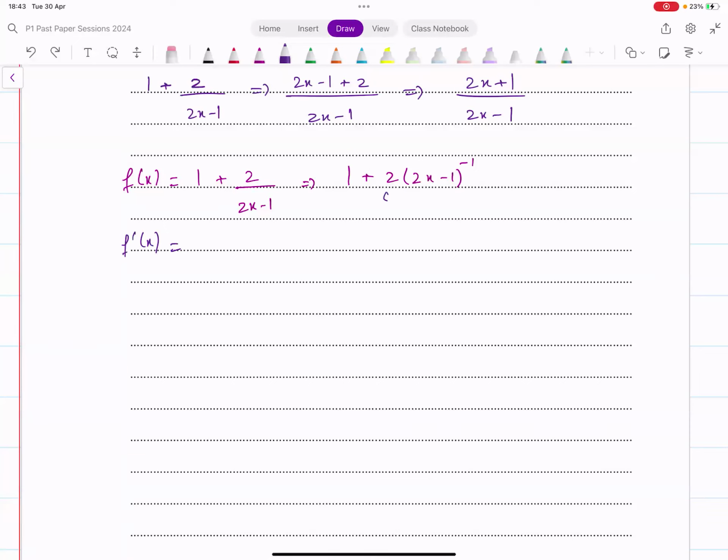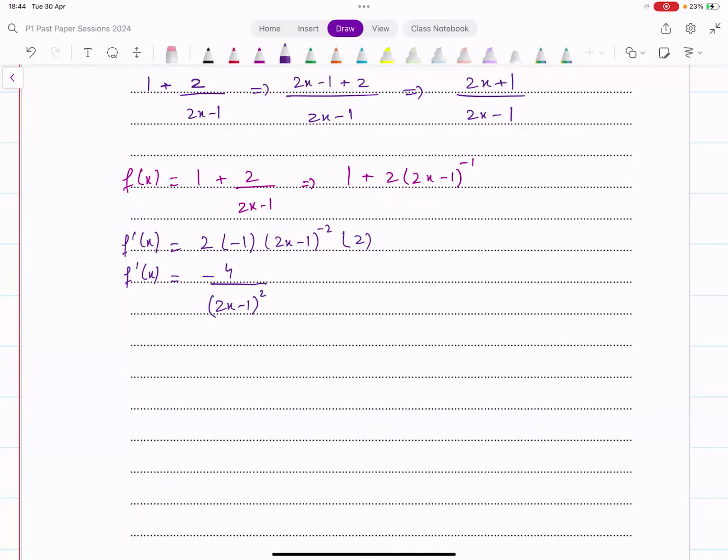Derivative of this expression: 2 remains as it is, multiply by the power. What is inside remains as it is. Subtract 1 from the power, it becomes minus 2. Multiply by the derivative of what is inside, you multiply by 2 here. And that should give you an expression for f dash of x. Let's see what that turns out to be. Minus 4 over 2x minus 1 whole squared.